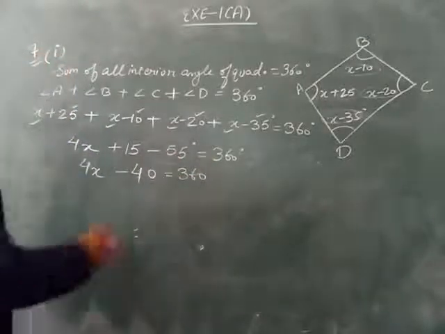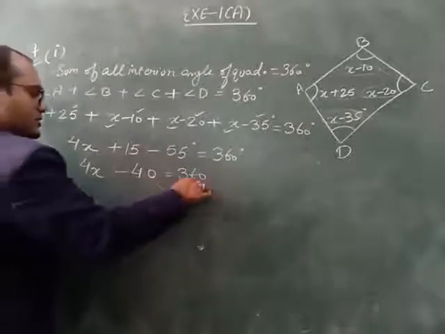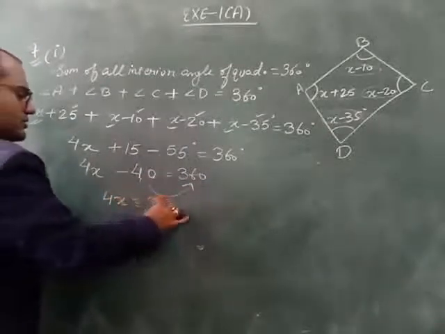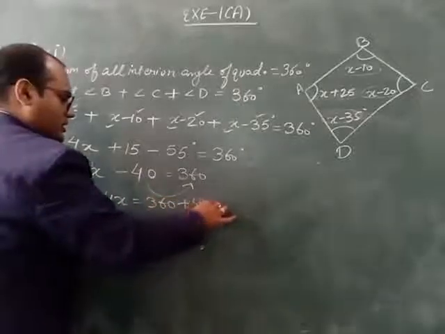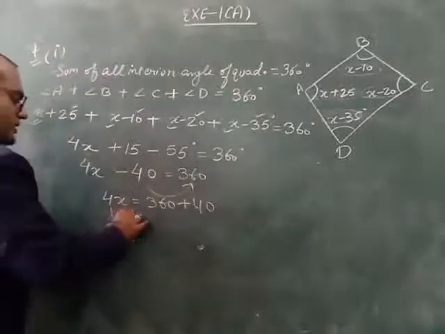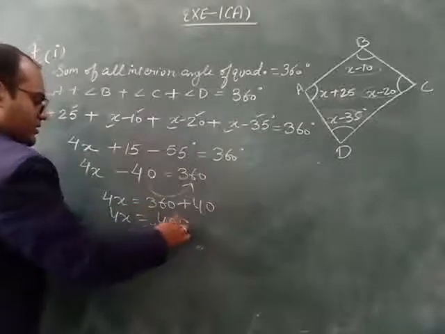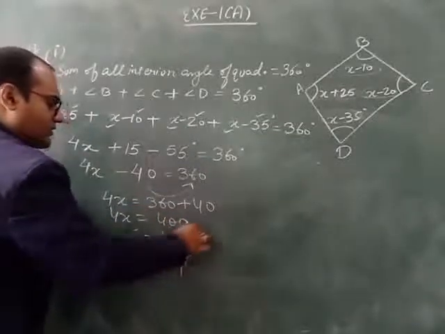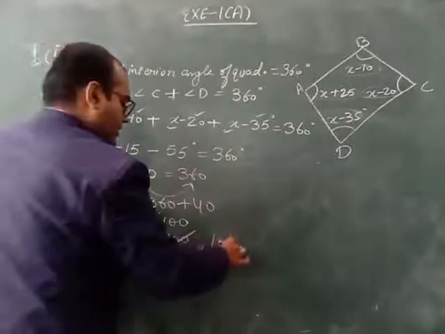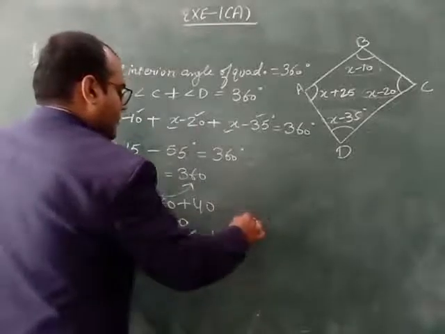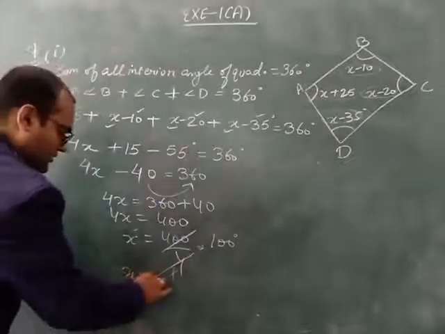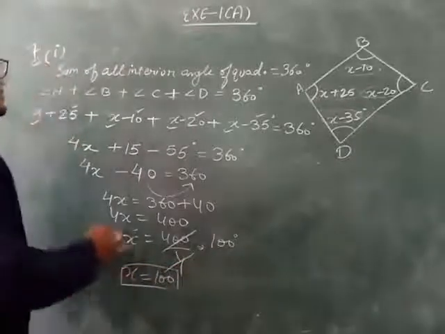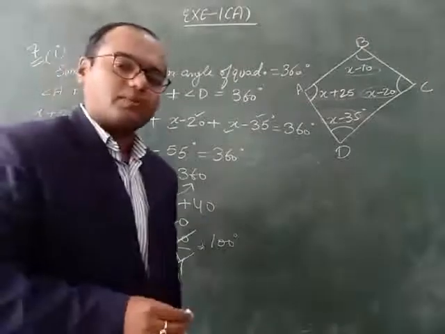Next step, this term we bring to the right hand side, so 4x is equal to 360 plus 40. 4x is equal to 400. So x is equal to 400 upon 4. On cancelling we get 100. So the final answer is x equal to 100. So like this you have to do the 7th question, first part.